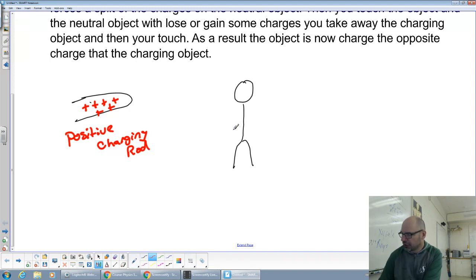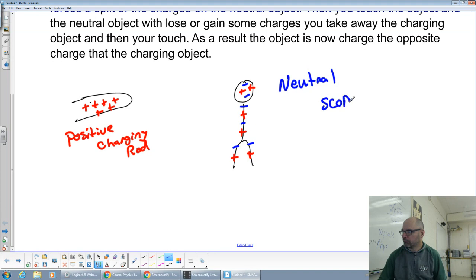Okay, that's a positive charging rod, and our neutral electroscope. The leaves are not spread because it's neutral. There's no charge there.